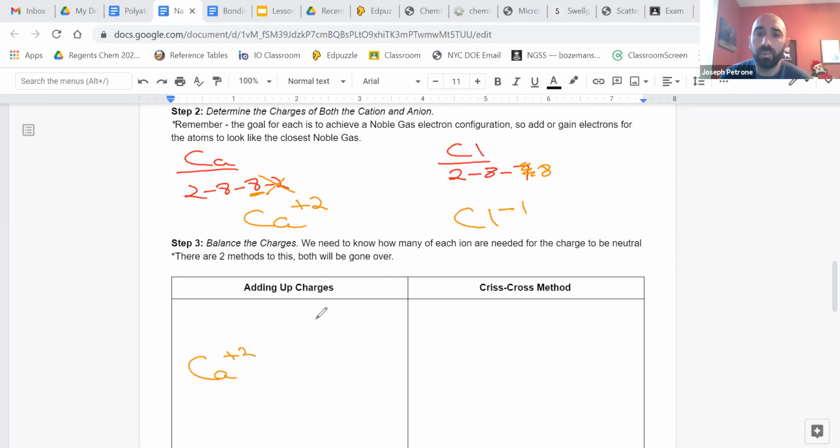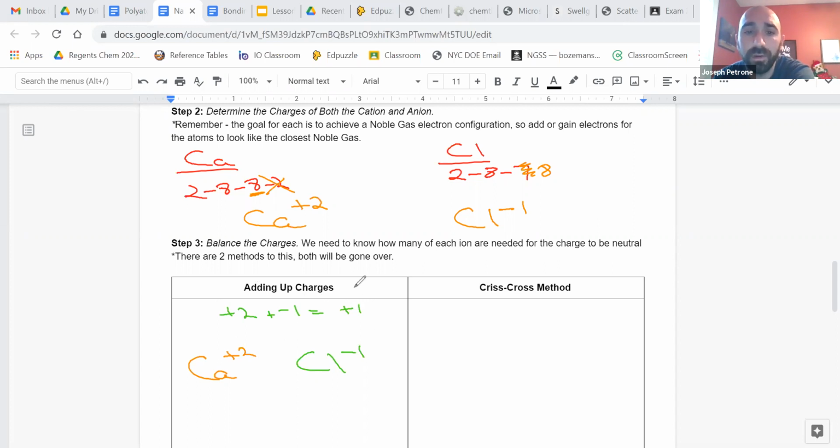And then we're going to put down 1 chloride ion, in a different color. So 1 chloride ion, which we know is -1. Now, if I add the charges up, +2 and -1, I still have 1 extra positive charge. So +2 plus -1 gives me +1.